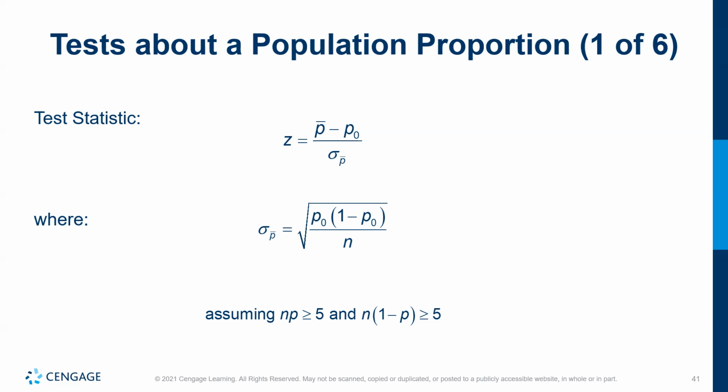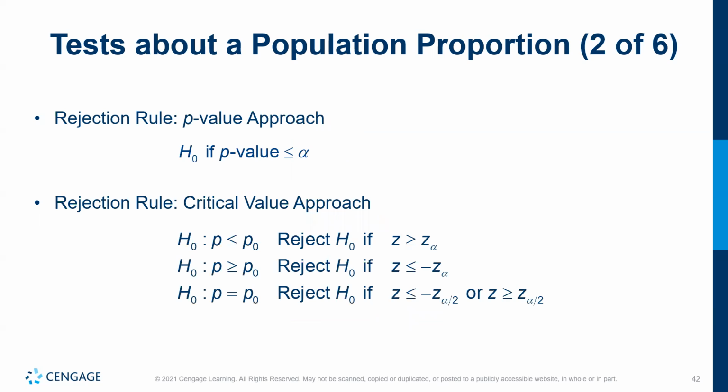So again, this isn't new. Again, the same idea. There's a p-value approach. So if the p-value is less than or equal to alpha, we reject the null hypothesis.